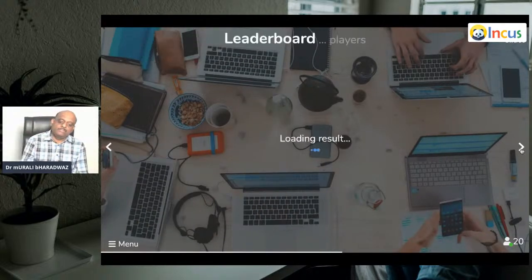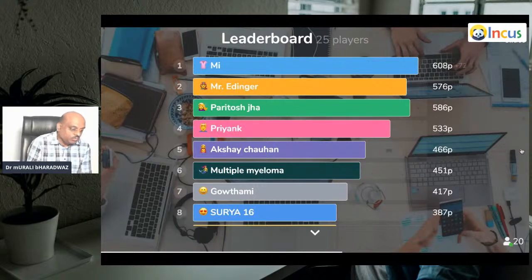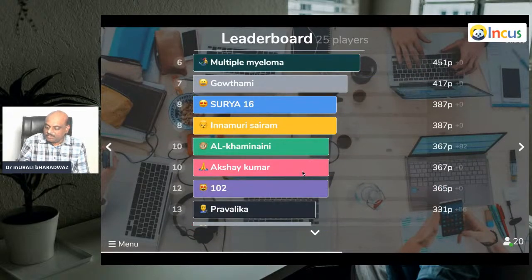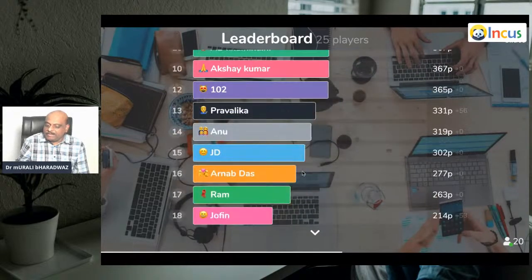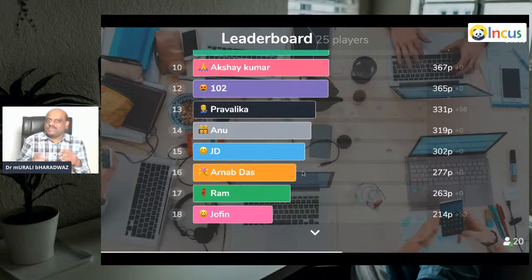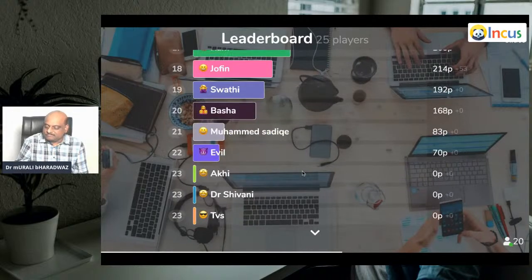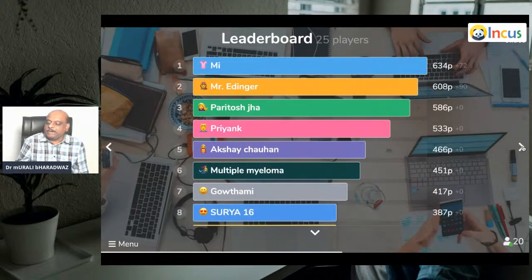That's what you need to appreciate. Am I right, Edinger, Paritosh? Very good. Pravalika also rightly answered. Jofin, they all kept it right.